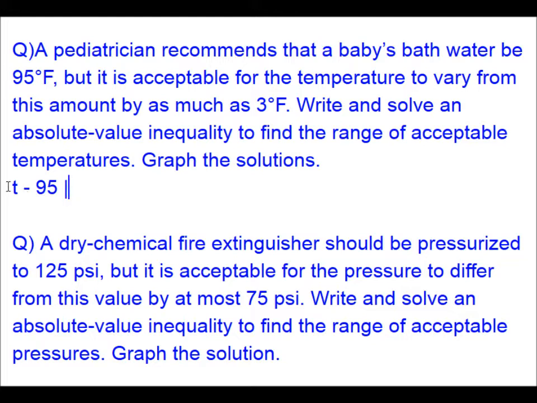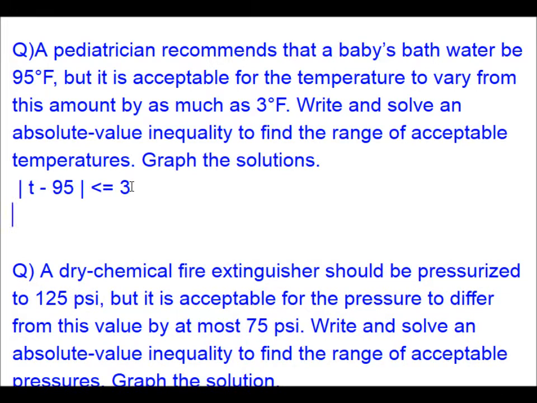So for varying, what we need to do is write mod. That means mod of t minus 95 should be less than or equal to 3.